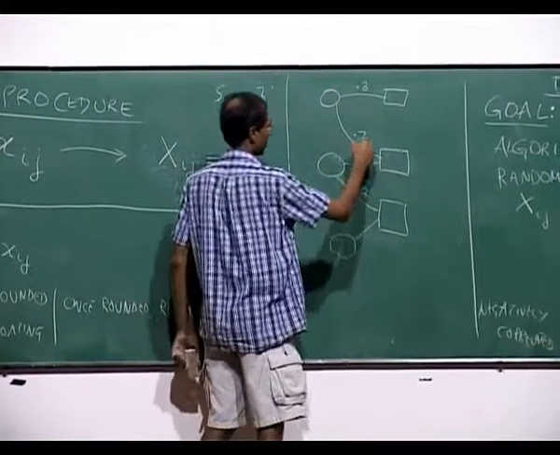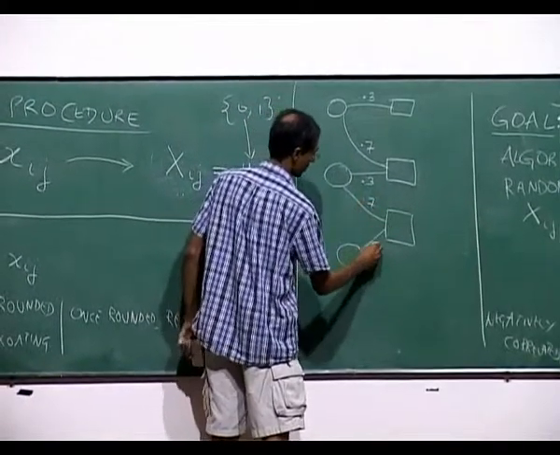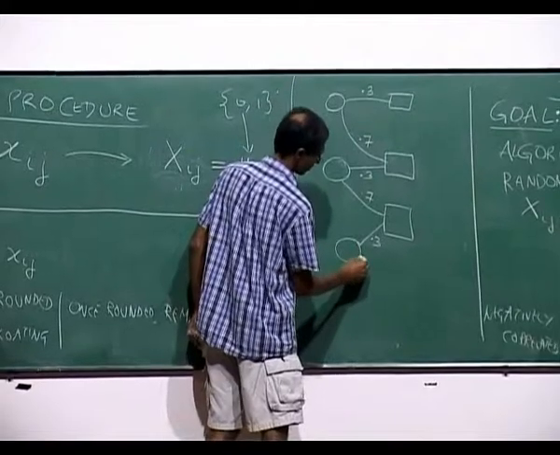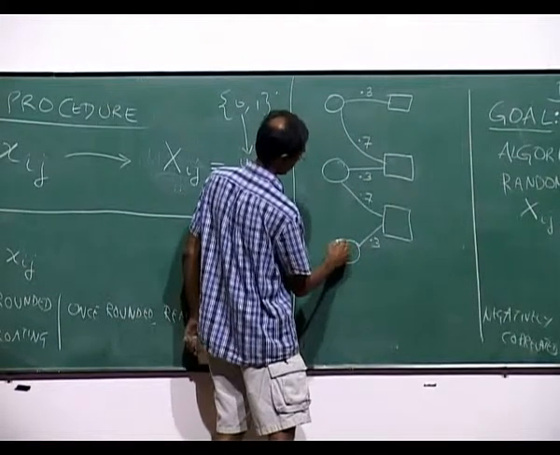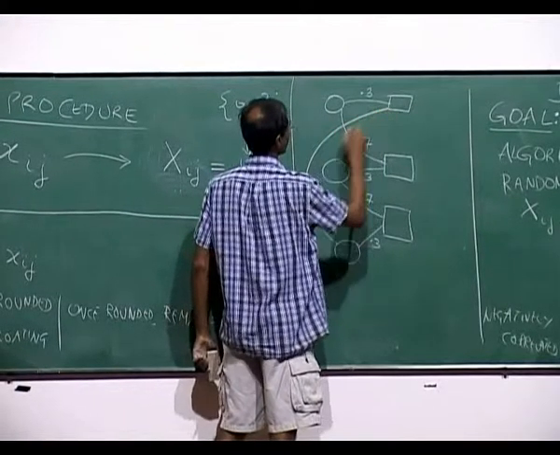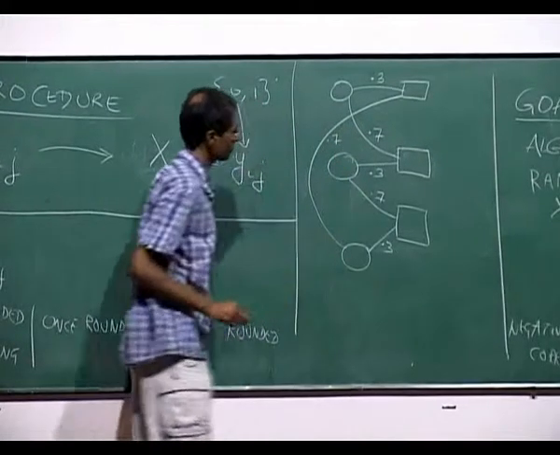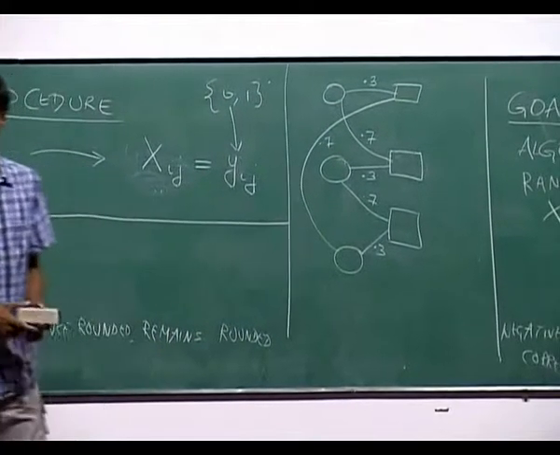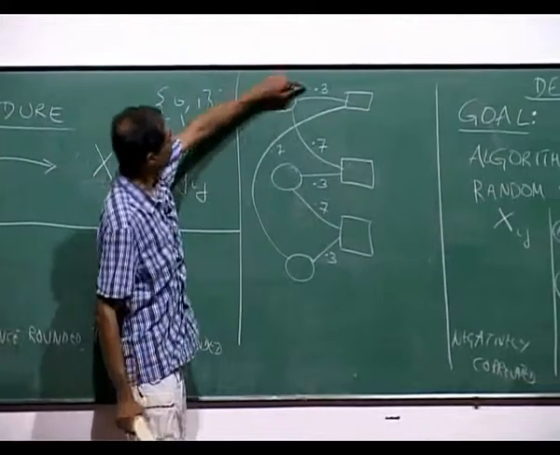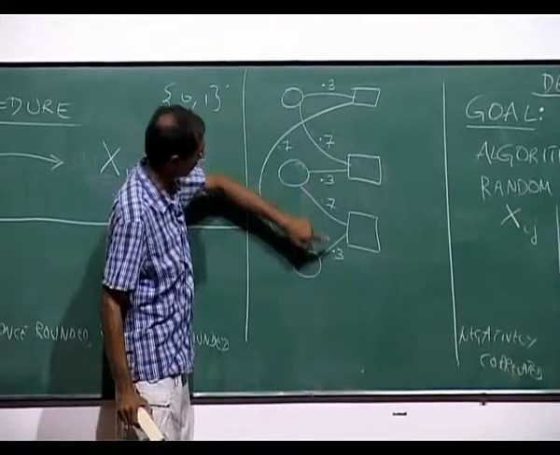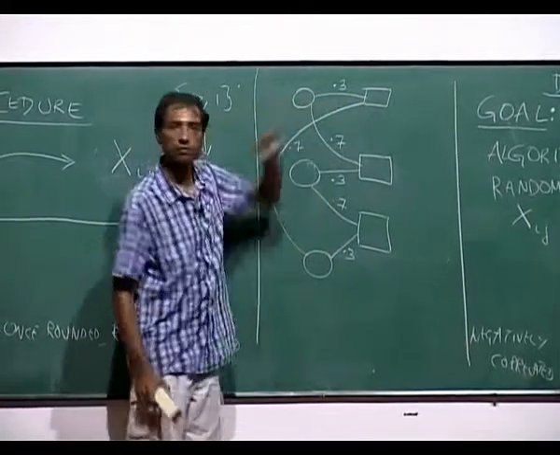Let's say 0.3, 0.7, 0.3, 0.7, 0.3, 0.7. So here I've drawn a cycle: 0.3, 0.7, 0.3, 0.7, 0.3, and then 0.7.